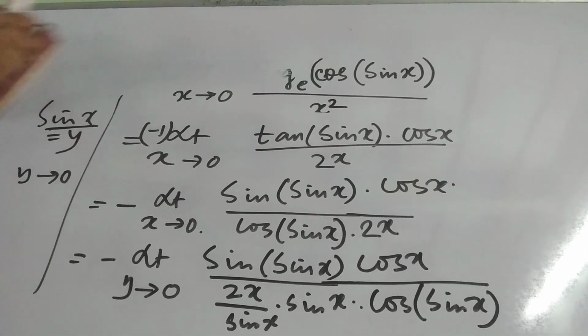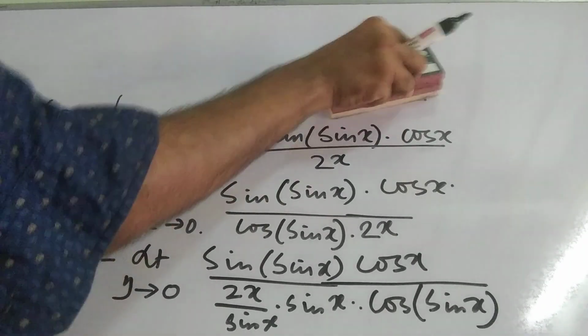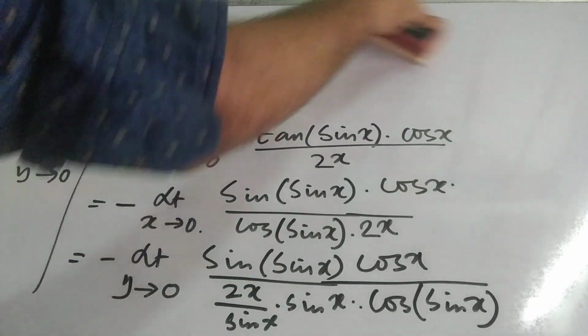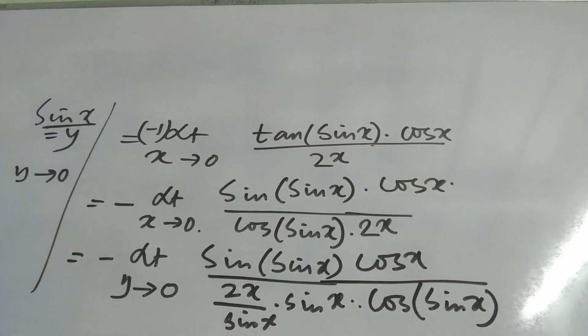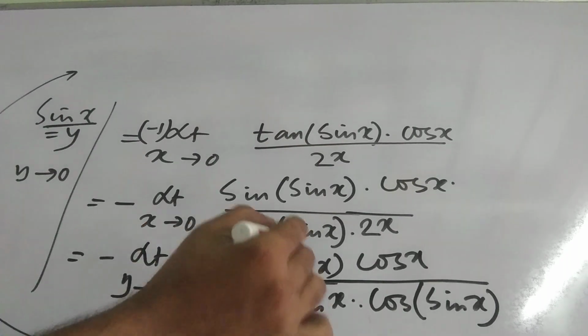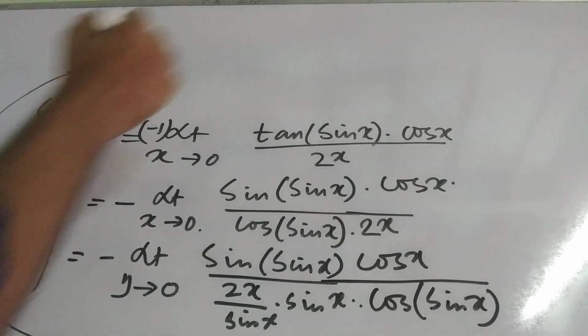Now I have already assumed that sin x equals y. That means I am using the formula limit x tends to 0 sin x by x equals 1, this basic rule. So here sin x can be written as y.